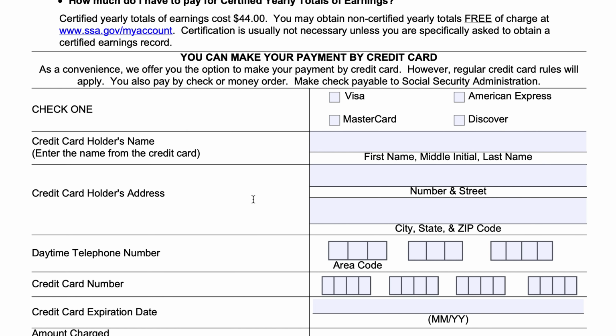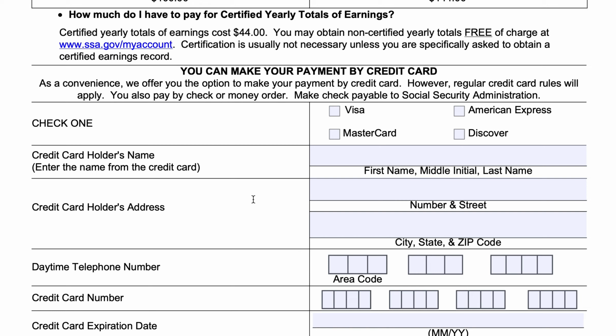Just a note of caution, be very careful with your credit card information, especially if it's going out via mail. There are lots of different forms of mail fraud, and one way of being able to steal someone's identity is simply by going through their mail. And you're putting your Social Security number on this document, and now you're going to put your credit card information on this document.